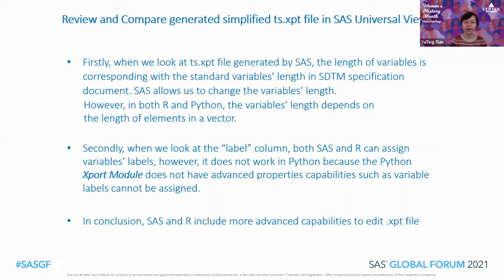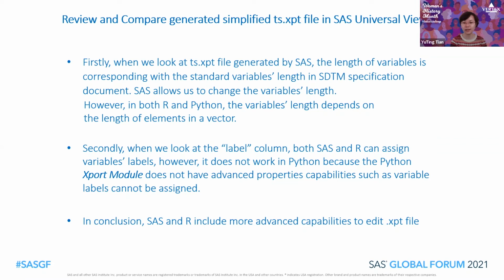Secondly, when we look at the label column, both SAS and RStudio can assign variable labels. However, it doesn't work in Python because the Python xport module doesn't have advanced property capabilities, such as assigning variable labels. Of course, we can use another function in Python to assign the labels or to do the data analysis, but it's not the main topic of our paper, so we won't talk about that.